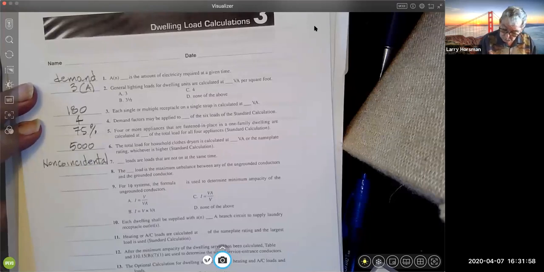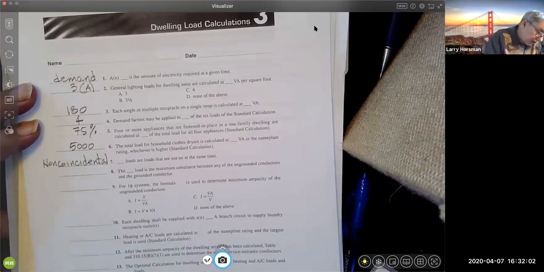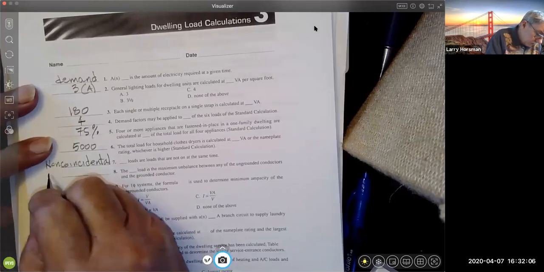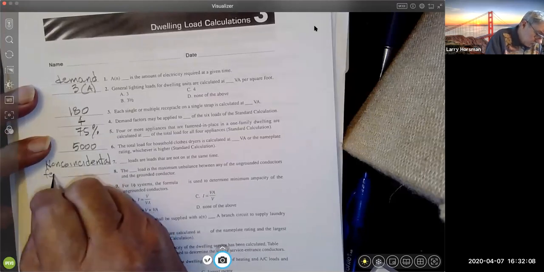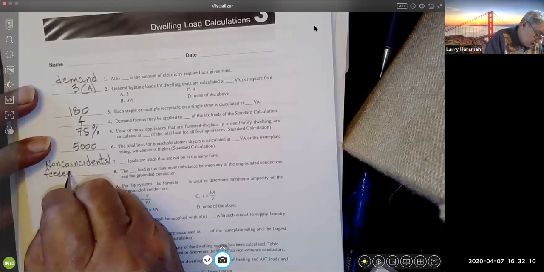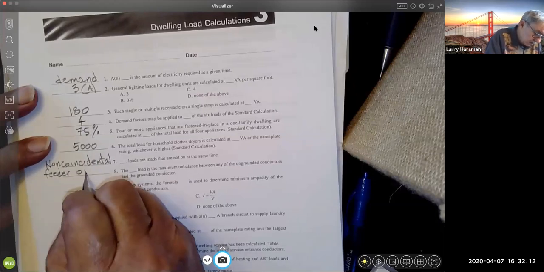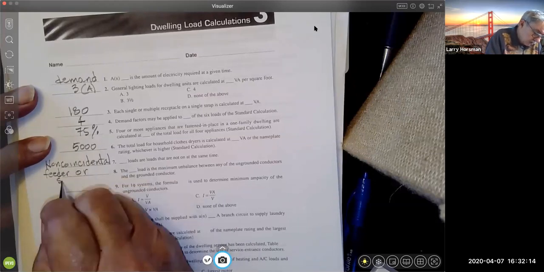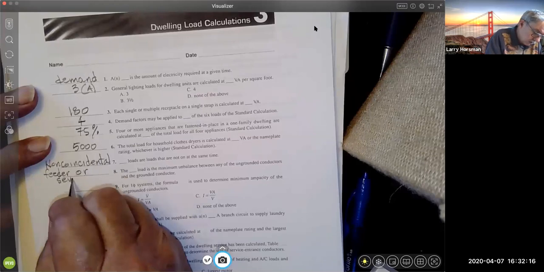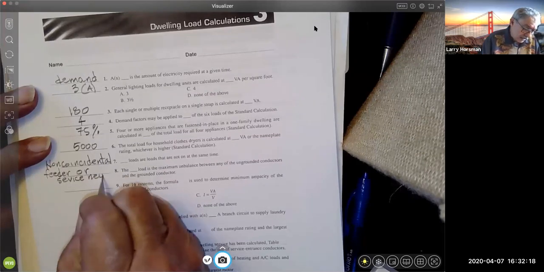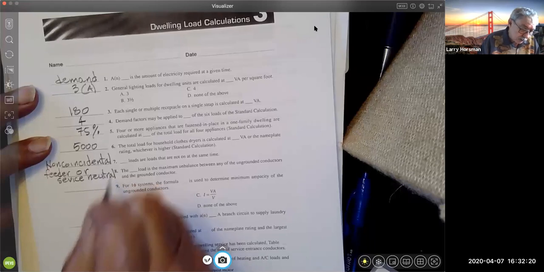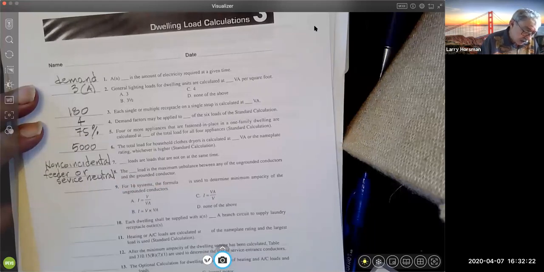8. The feeder or service neutral is the maximum unbalance between any of the ungrounded conductors and the grounded conductors.